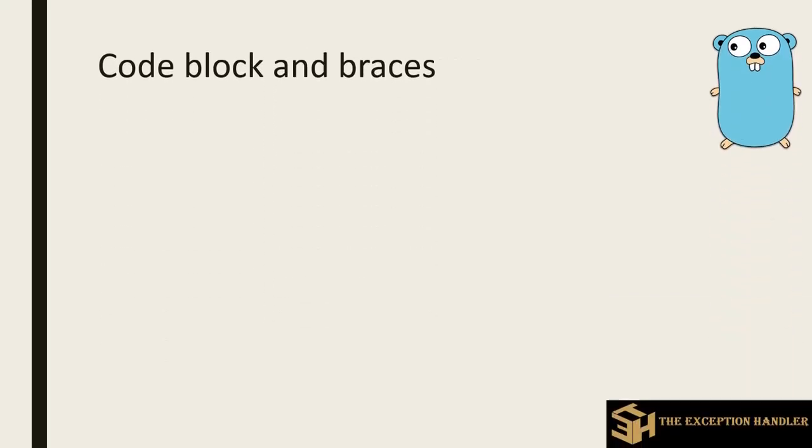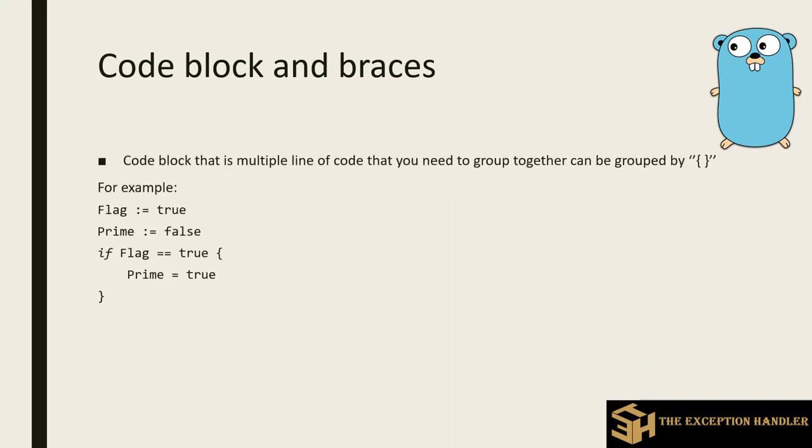Now also let's start understanding how we can use code blocks and braces in Go. As in other languages, you can group many statements together by use of curly brackets. So we can use similar curly brackets to group multiple lines of code into one. Now let's see this with an example. Here I have two variables, flag and prime.